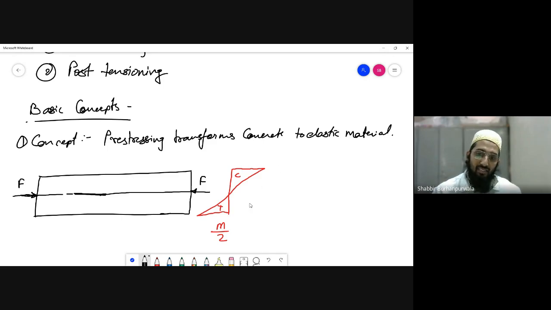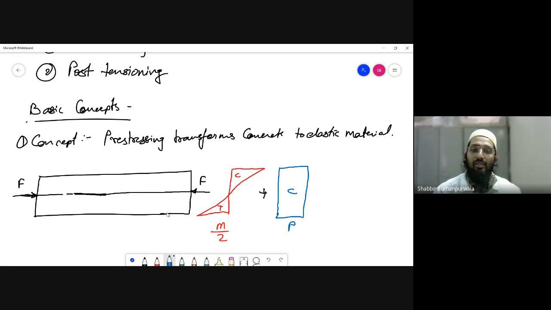So if I'm applying at the center of cross section, what do I get? I get a direct compressive stress. Suppose the direct compressive stress that I'm going to get is totally compressive.